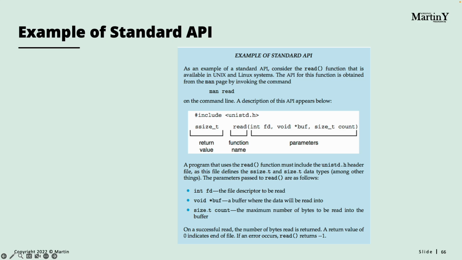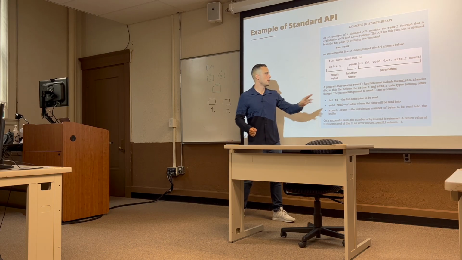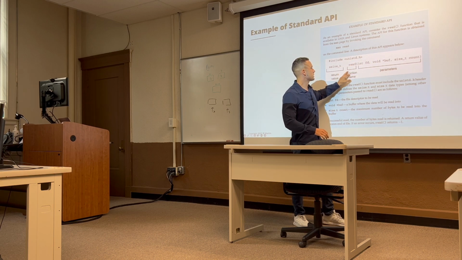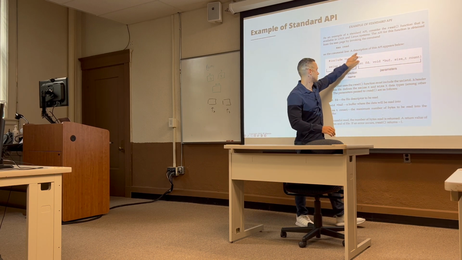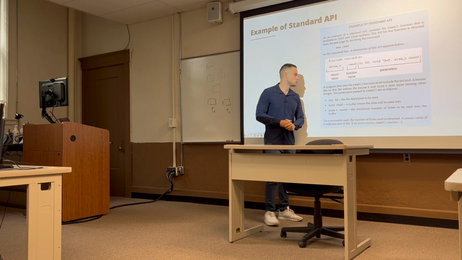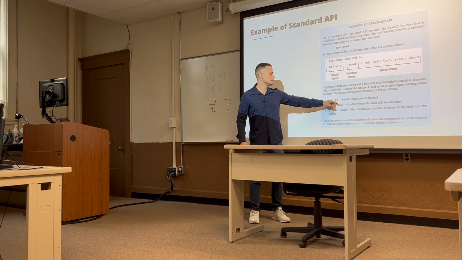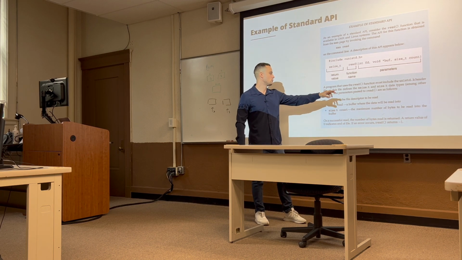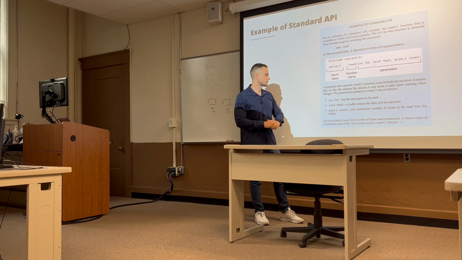This one is the return value, so what we expect to get out of this function, and those are the parameters that we expect to pass to this function. First of all, this one is the file descriptor we want to read. So this is going to point to the file that we want to read.